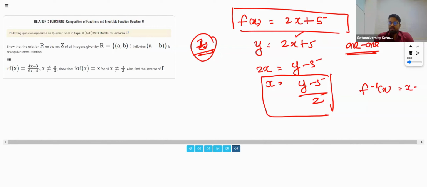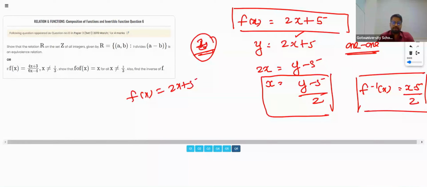So this is our inverse of the given function. The given function is f of x equal to 2x plus 5, whereas the inverse is, you can see some logic here if you can understand. Here plus 5 is added, we are subtracting 5, and here 2 is multiplied with the x, here 2 is dividing the entire function. That's the inverse of a function.